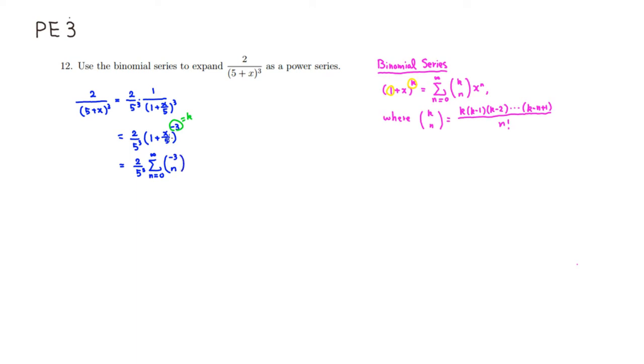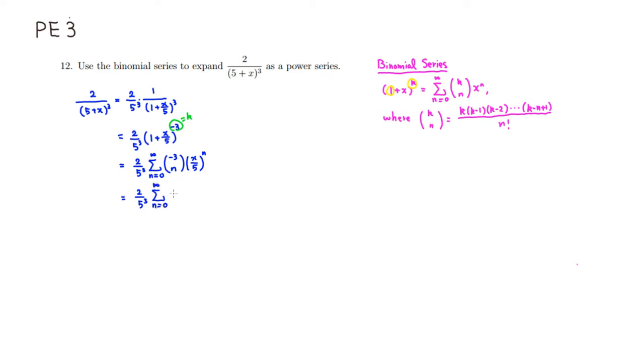Then instead of x, we have x over 5 raised to the nth power. Let's simplify as much as we can. You have 2 over 5 cubed, we'll take care of that later, then the summation sign, n goes from 0 to infinity.